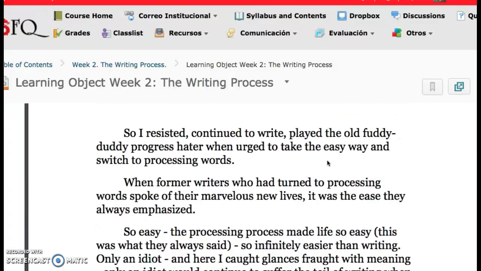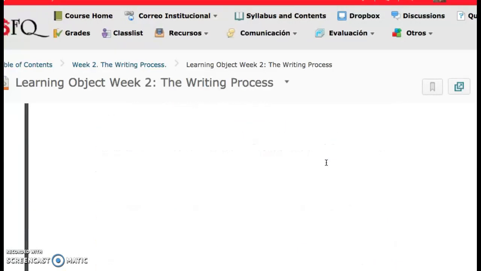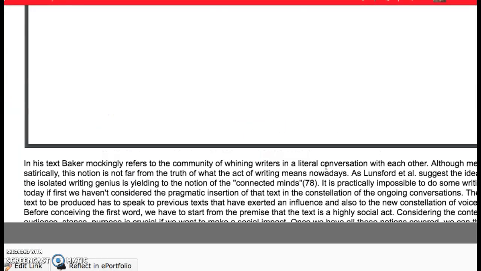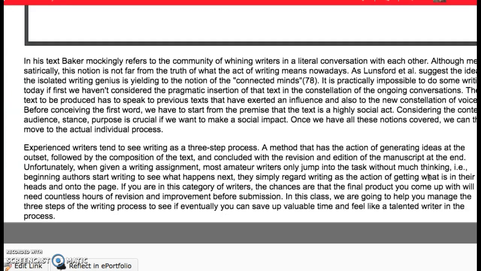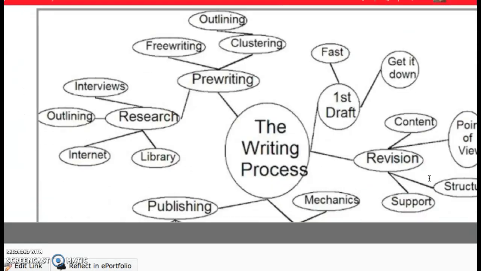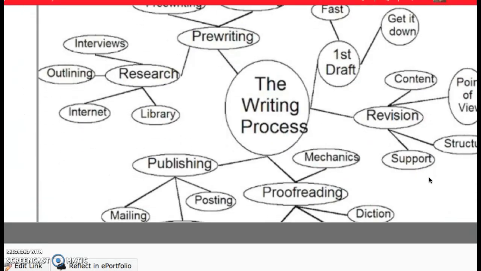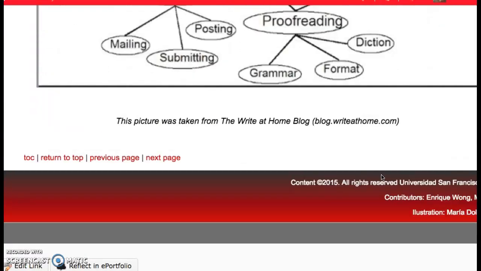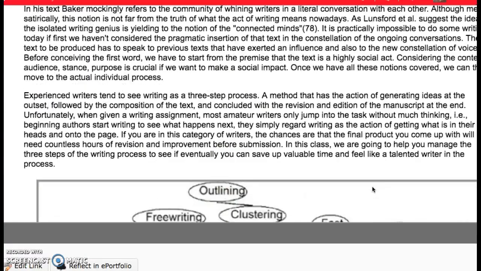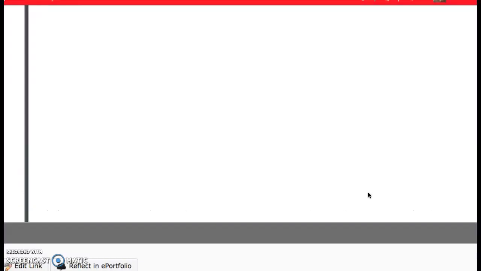But once you read the essay by Baker, which is one of my favorite authors, you continue reading information about writing as a process. I present the process the way I see it, from generating ideas through brainstorming, questioning, listening, clustering, up to the moment in which you start organizing your ideas.